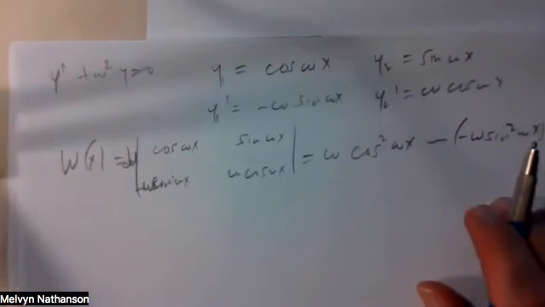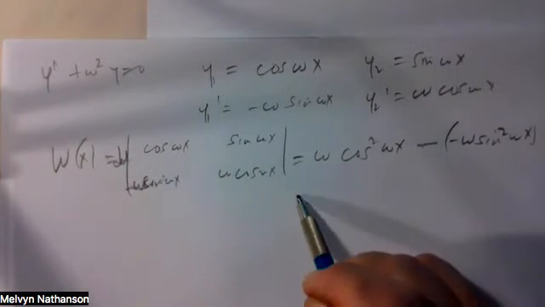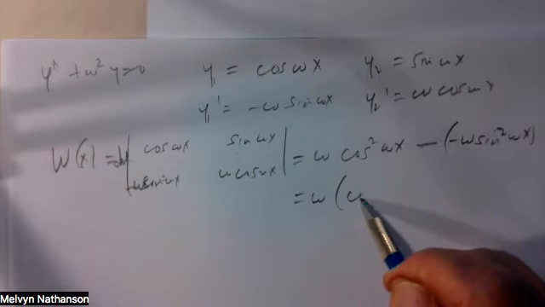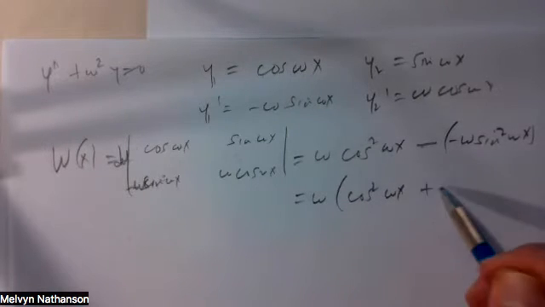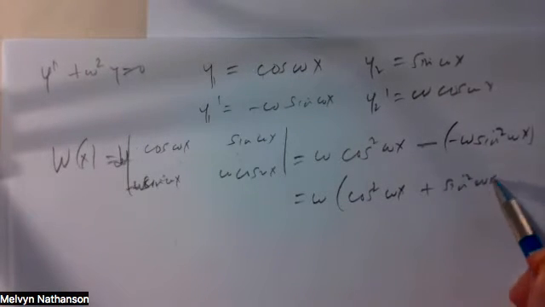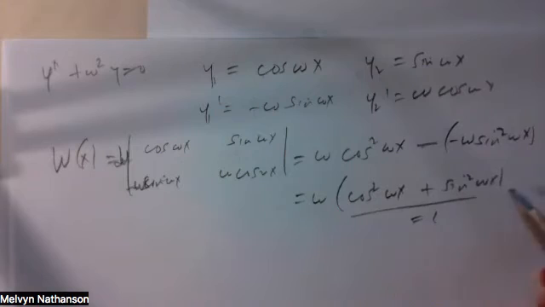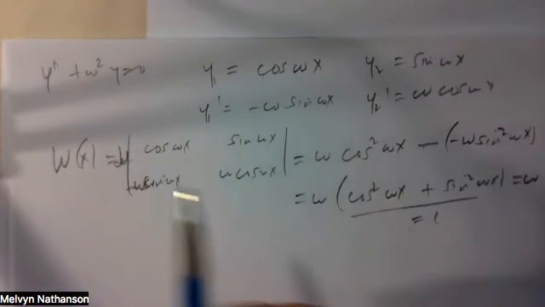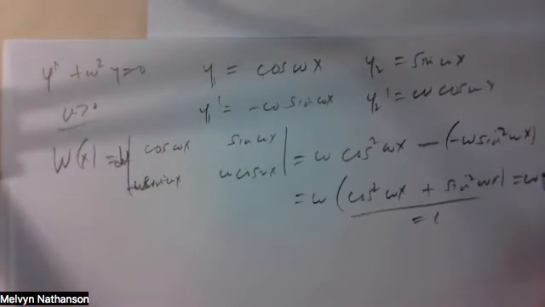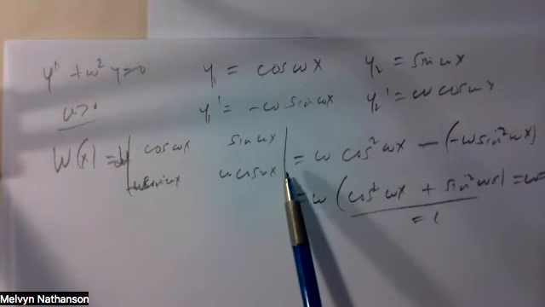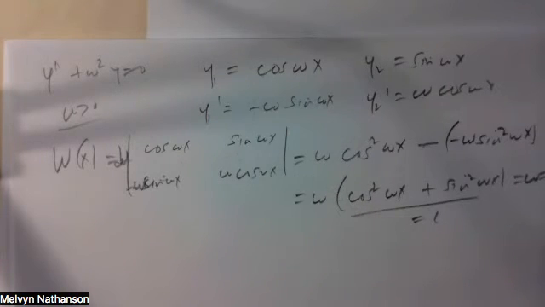Minus times minus is plus. This is omega times cosine squared omega x plus sine squared omega x. And this is 1, so this is just equal to omega. And we took omega positive, so this is not equal to 0. So this is a direct calculation of the Wronskian.